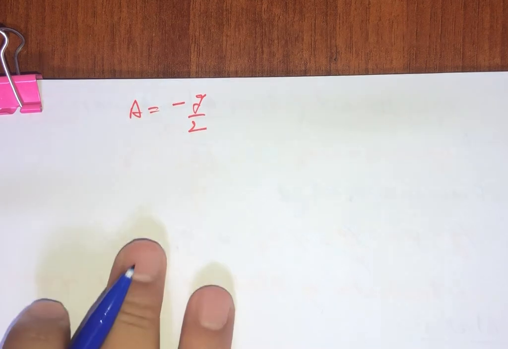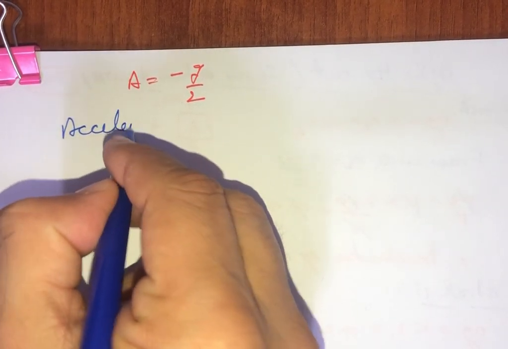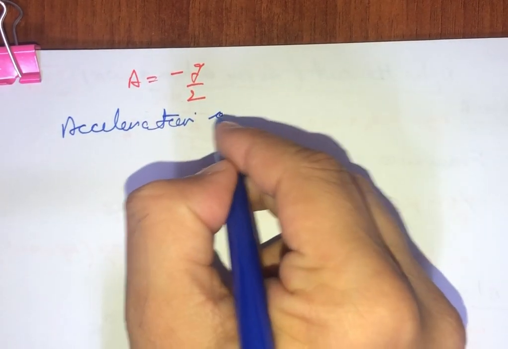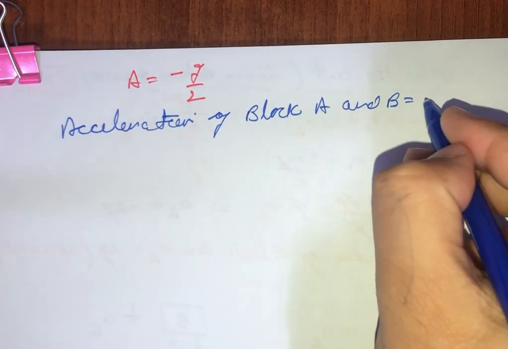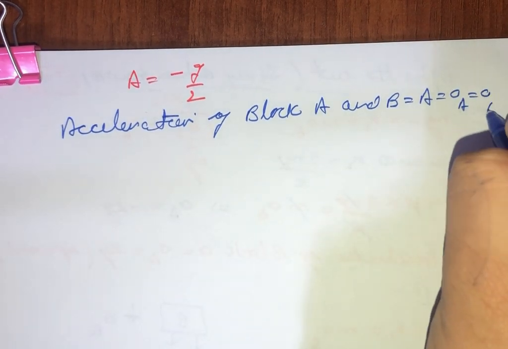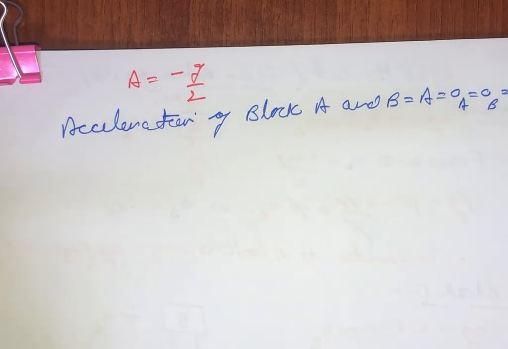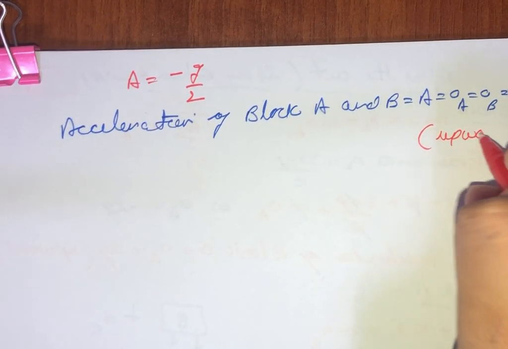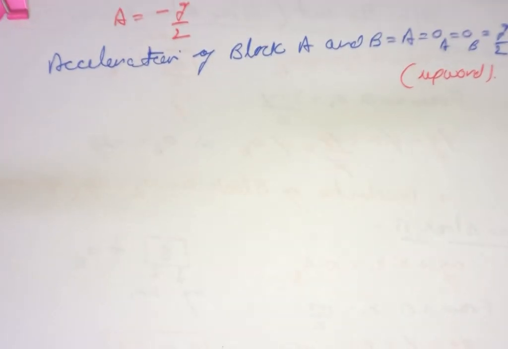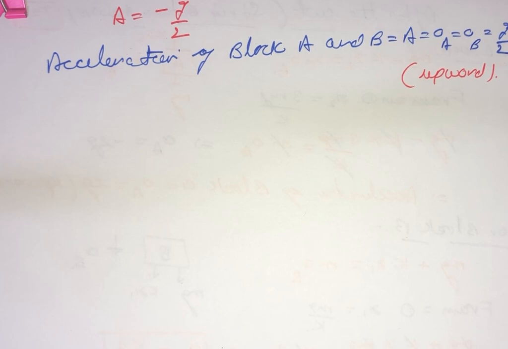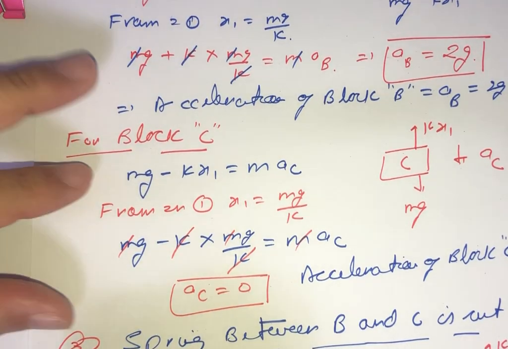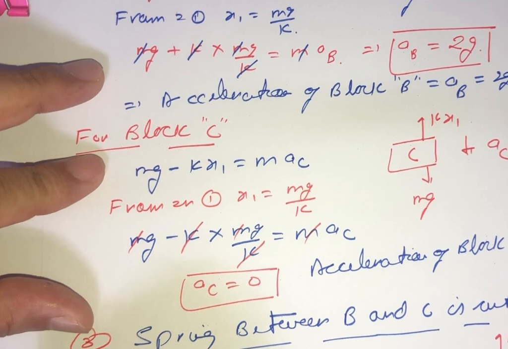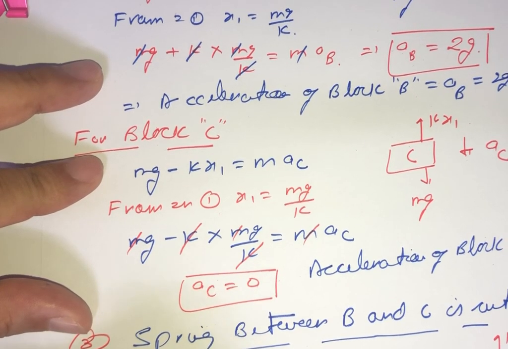So the acceleration of block A and B, which is equal to A, we can write: acceleration of A is equal to acceleration of B is equal to g by 2, and this will be happening in the upward direction. This was for block A and B.